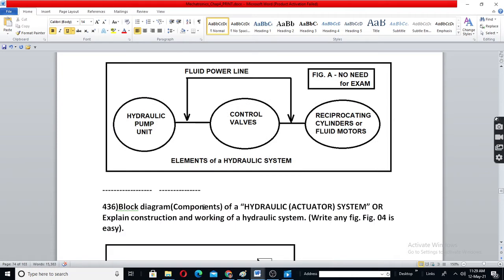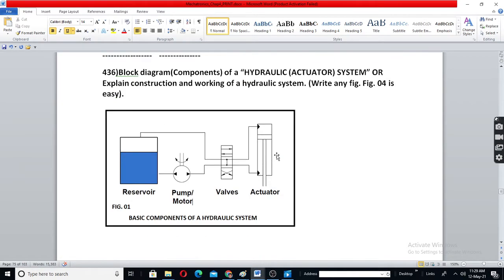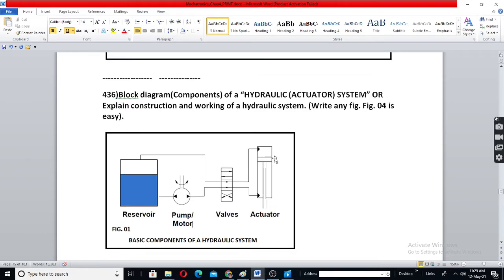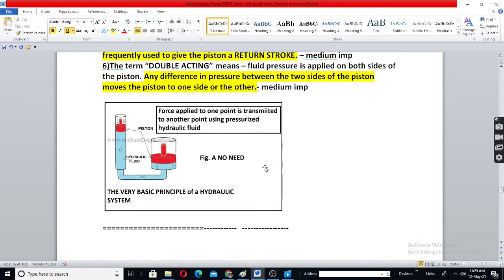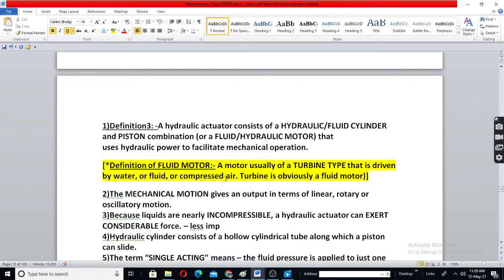In case of turbine type, for example, take a turbine motor or a turbine, say water turbines, hydraulic energy is converted into rotary energy. So, such a type of motor is called a fluid motor. Turbine is a fluid motor.